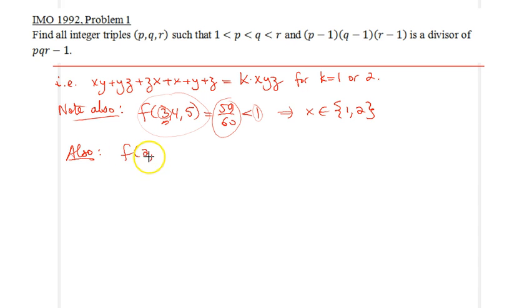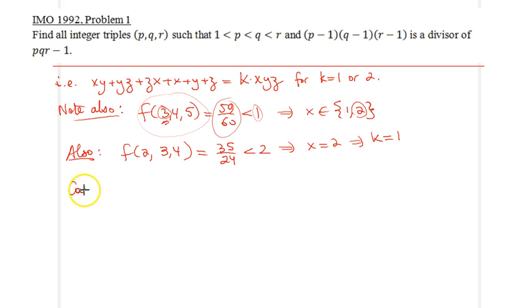Similarly, also note that f of 2, 3, 4 is simply equal to 35 over 24, which is still less than 2. So whenever x is equal to 2, that necessarily implies that k is equal to 1. And when x is equal to 1, k might be either 1 or 2, as I said.